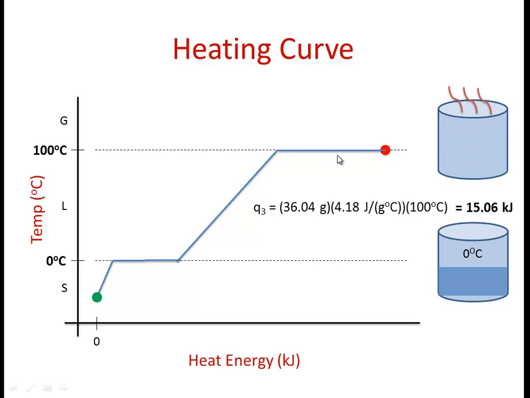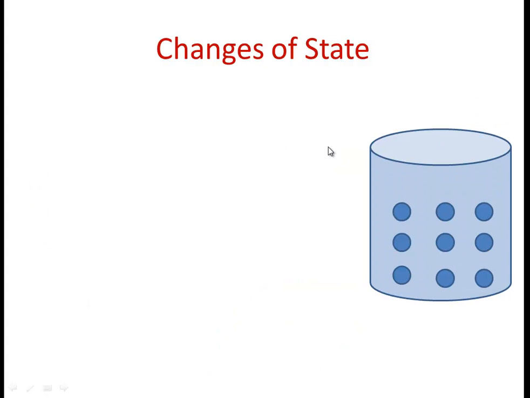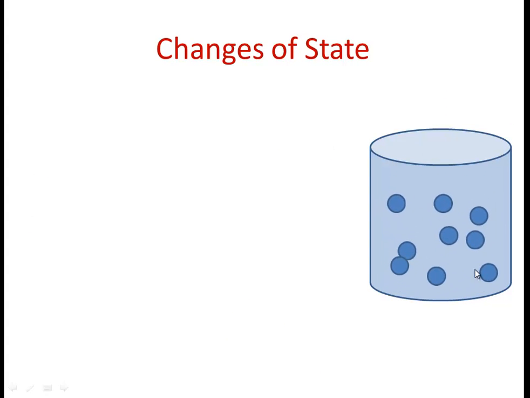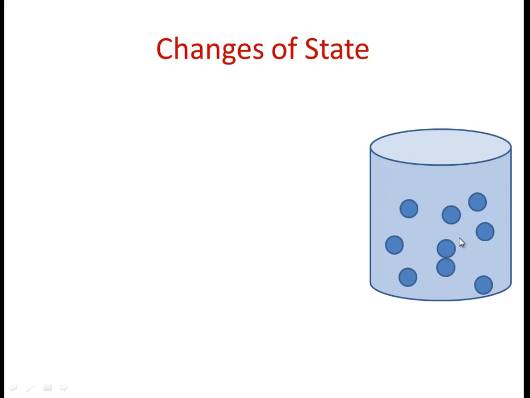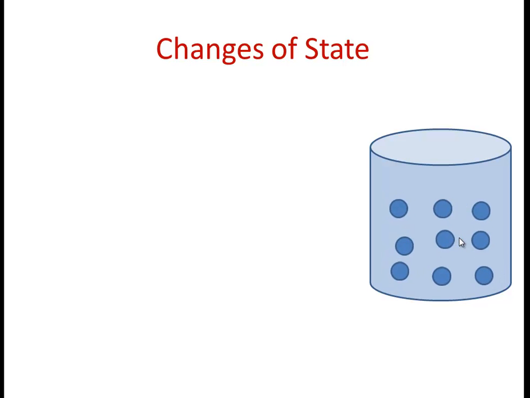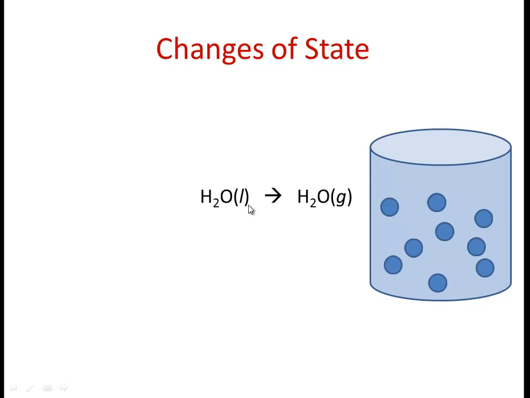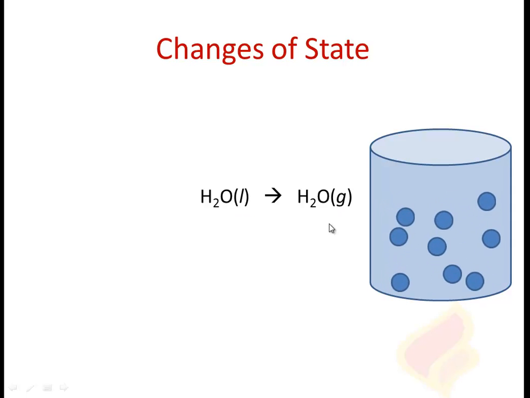Well, that is what we call the heat of vaporization, or the enthalpy of vaporization. So let's say here's our beaker of water, and the water is, obviously, a liquid when it's boiling, and we're trying to affect a change of state from liquid to gas.